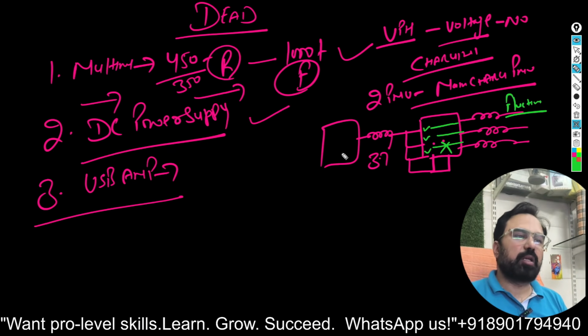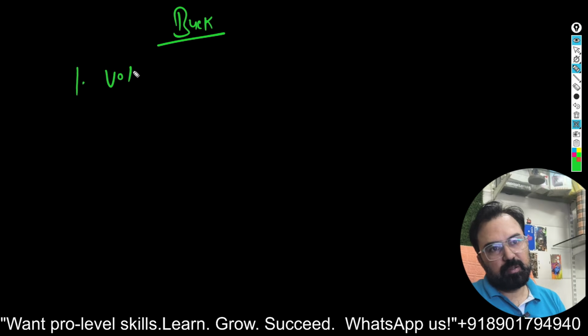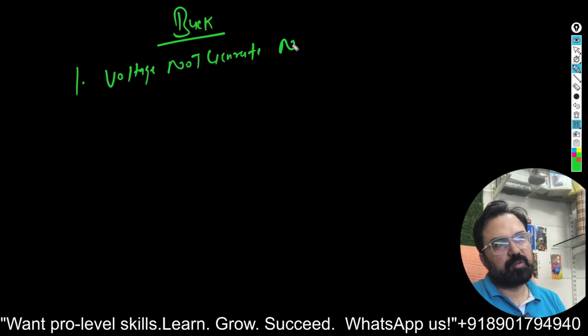Now another line. Now in buck time, when you check the buck section, there are 3 or 4 types of conditions. First condition, voltage not generated, no output on buck.